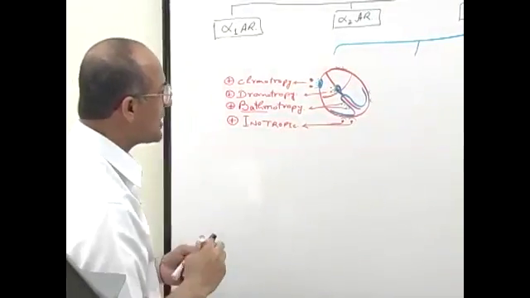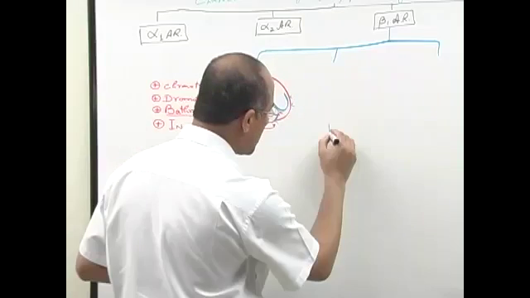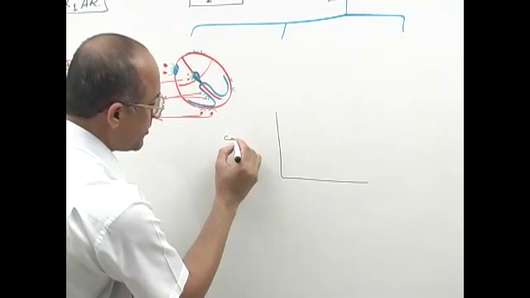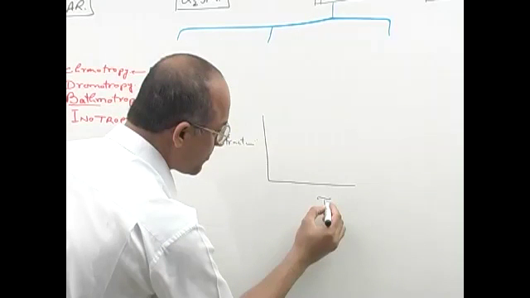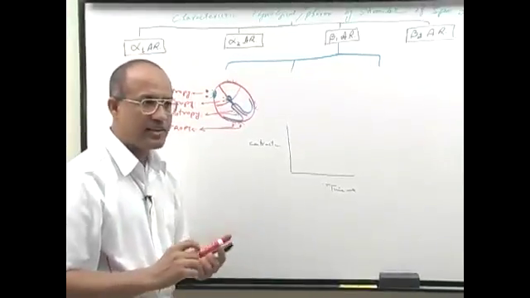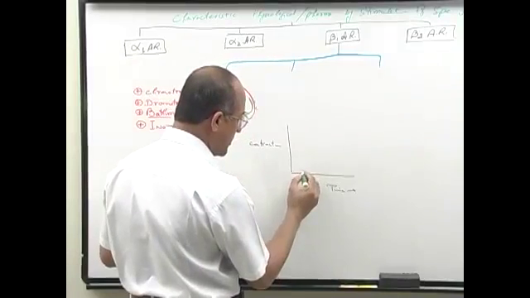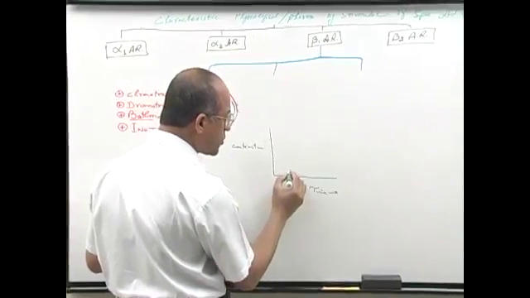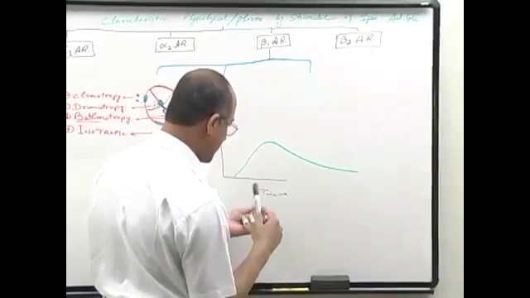Now I think there is something here I need to explain more clearly. Let's suppose on this axis there is contraction, and on this is the time, right? Let's suppose before getting beta 1 stimulation, the patient has myocardial contraction, which goes to the peak and then comes to relaxation, right?